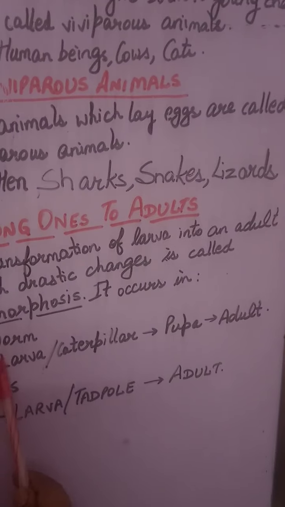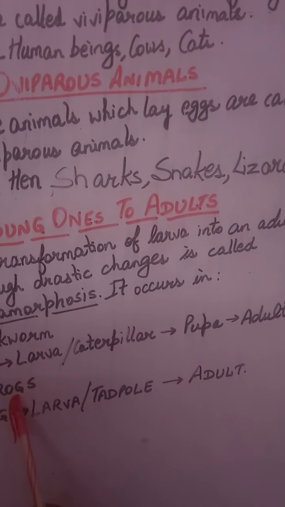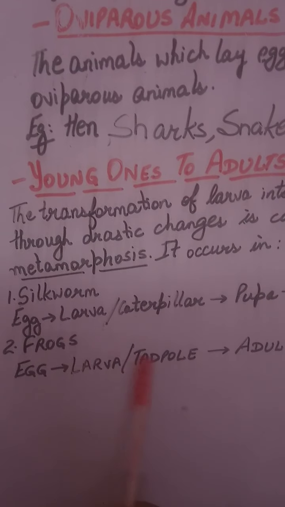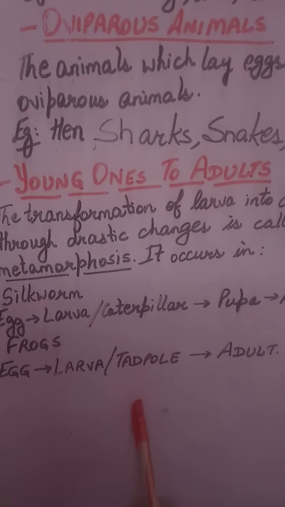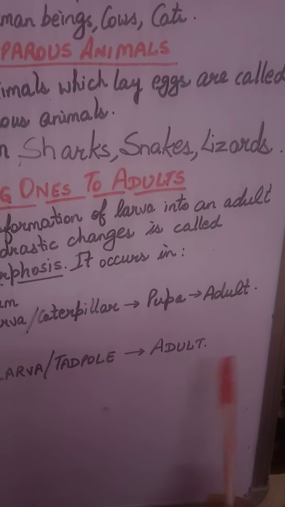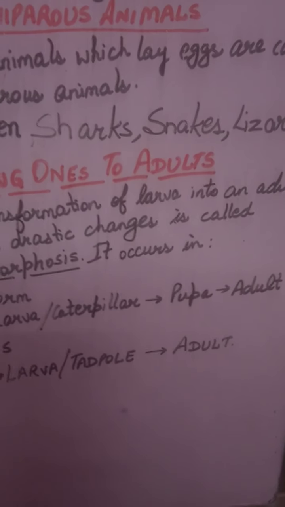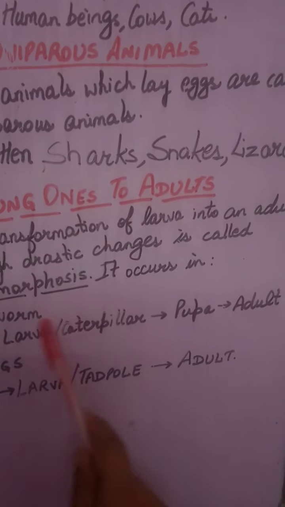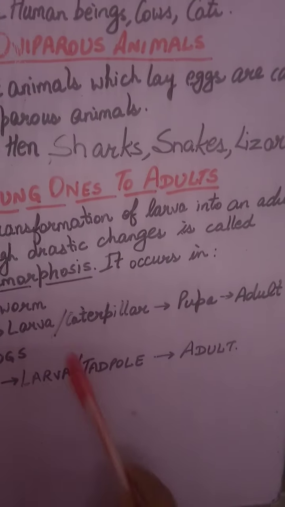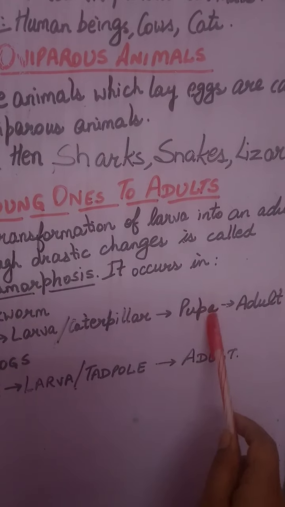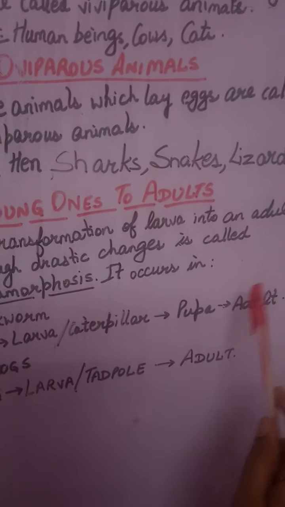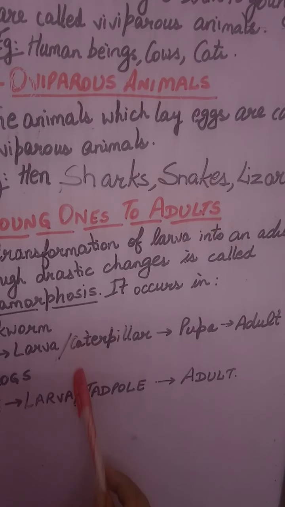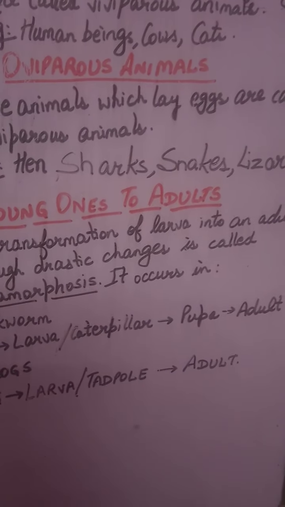In the similar case, we have studied the development of frog. In the case of frog, the eggs are laid. After that, the larva or tadpole is released, and after its development, it becomes adult. So here these stages, the in between stages of the egg and the adult, that is the larva, caterpillar, pupa, or the tadpole, the structure of the organisms in these stages is quite different as compared to that of the adult.